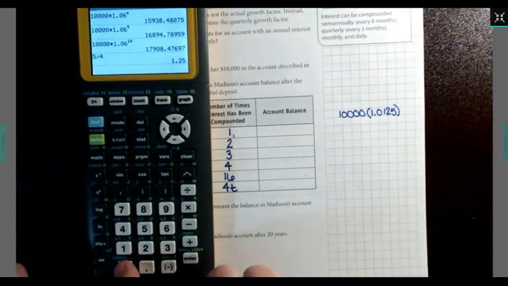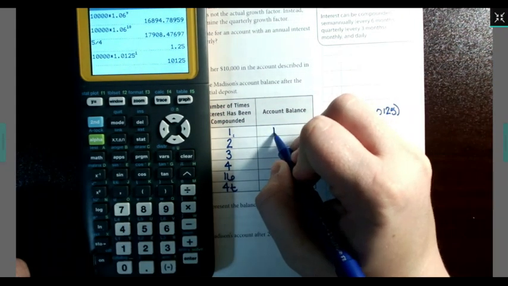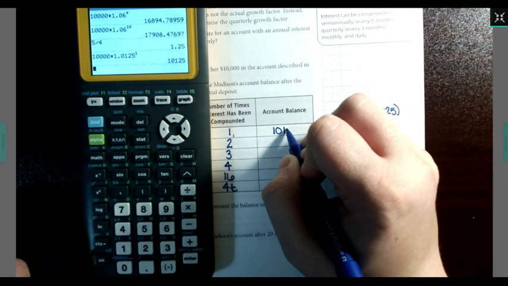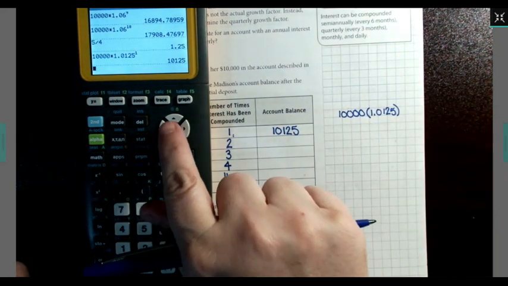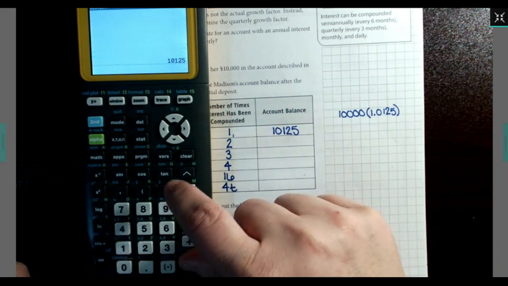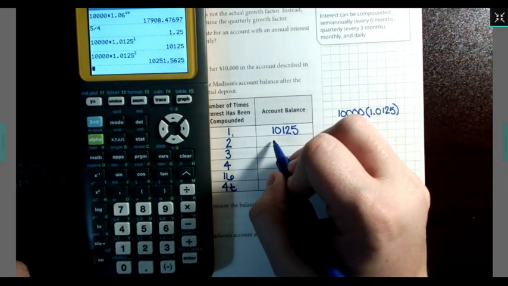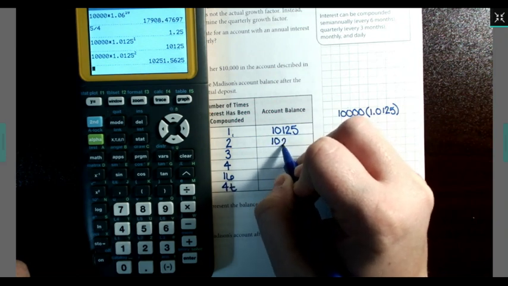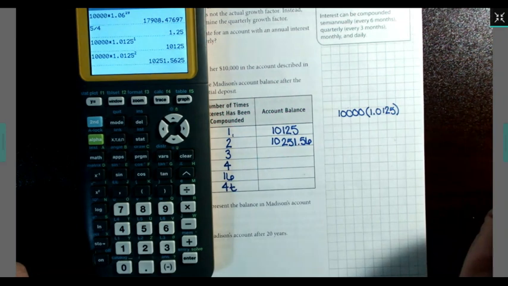So we're going to do 10,000 times 1.0125 to the first power. So our balance in our account after 3 months will be $10,125. After 6 months, it would be $10,251.56.